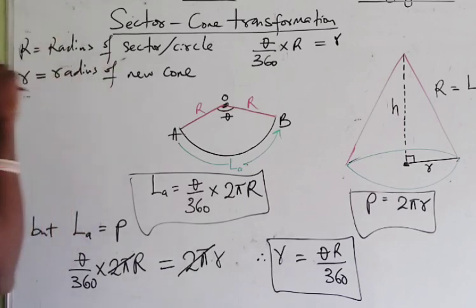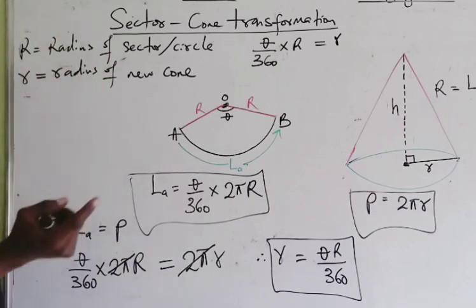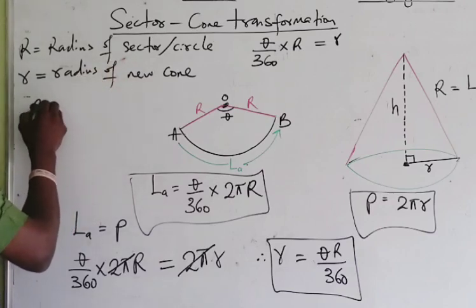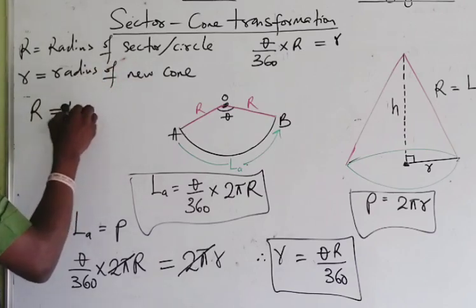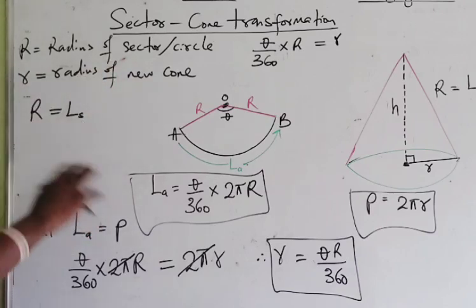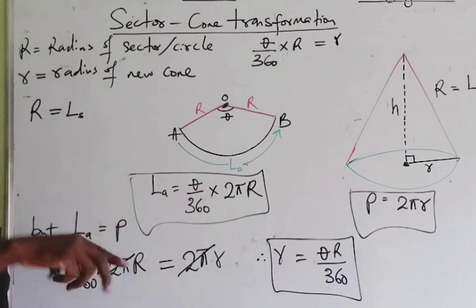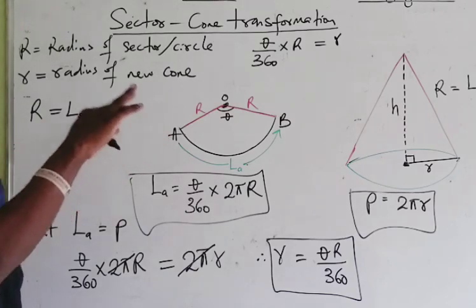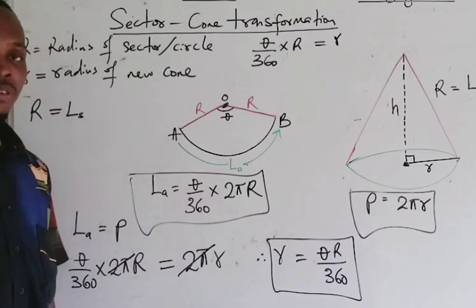You must listen to the question: when they say a sector of radius, take it as your R, and your R must always be equal to L, the slant height of the cone. So I think it's well understood. In the next video, we shall look at how to solve problems on sector cone transformation. Thank you.